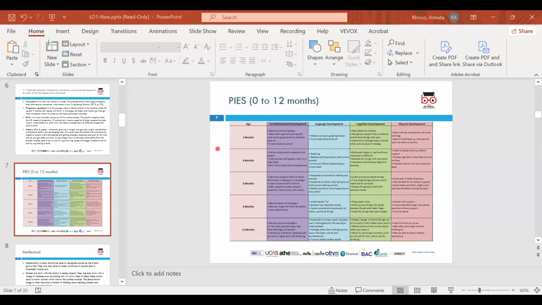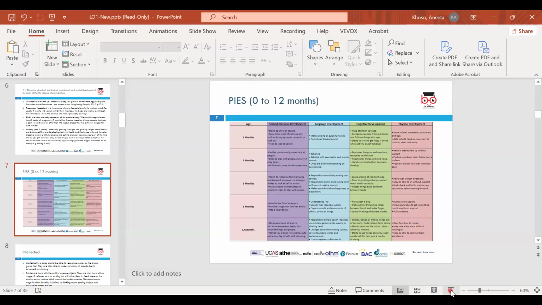This shows 0 to 12 months of age, and it shows you different developmental stages that a person goes through during the infancy period, which is below 1 year of age. As soon as you cross that 1 year of age, you then become a child.